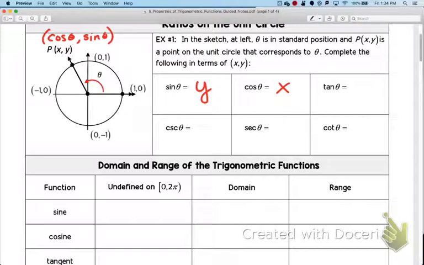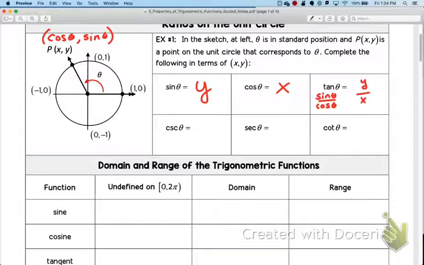Cosine will always be your x, and tangent is opposite over adjacent, which is the same as sine theta over cosine theta, so it's y over x.